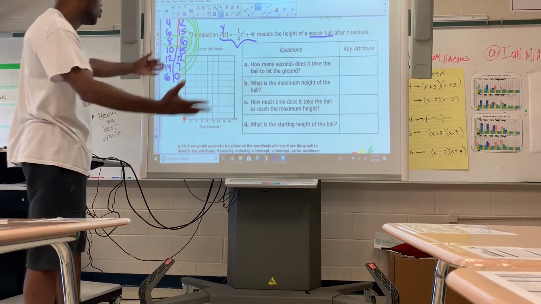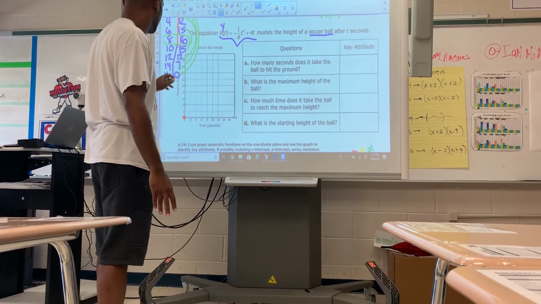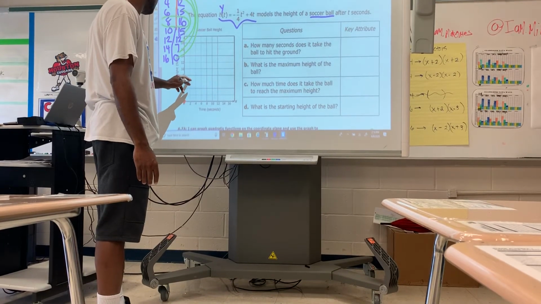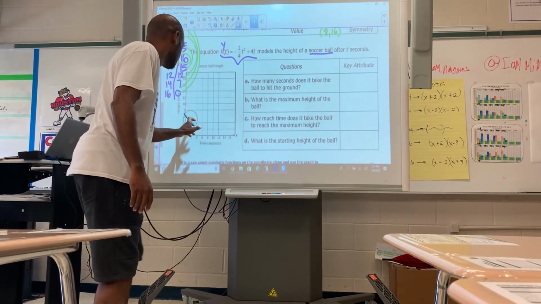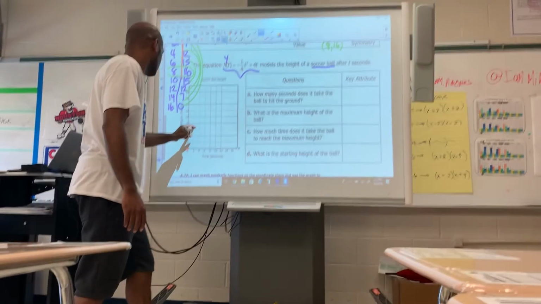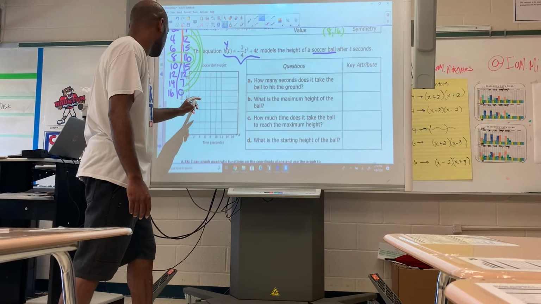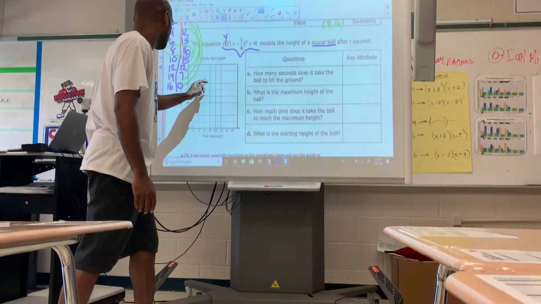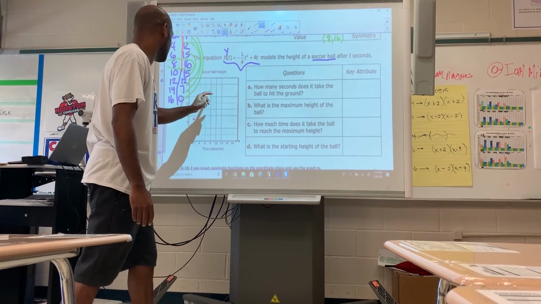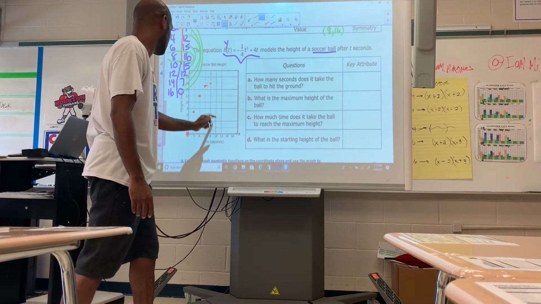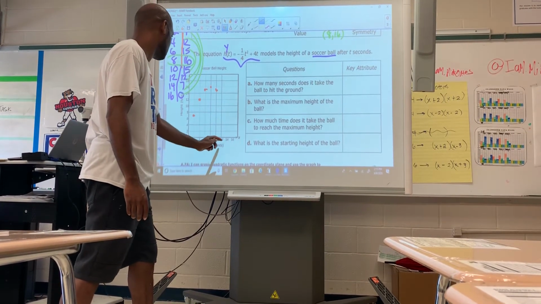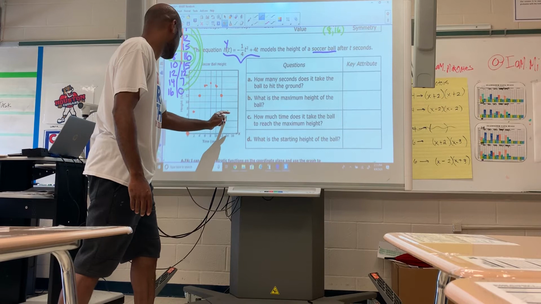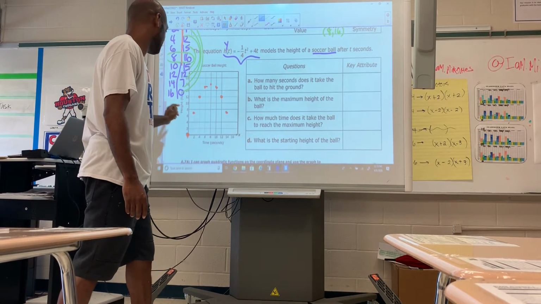And then if we want to, we can go ahead and plot more of these points. We can plot 2 and 7, 4 and 12, 6 and 15, 8 and 16, 10 and 15, 12 and 12, 14 and 7, 16 and 0.